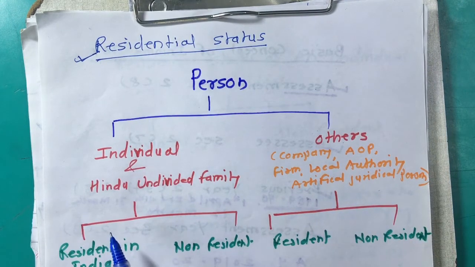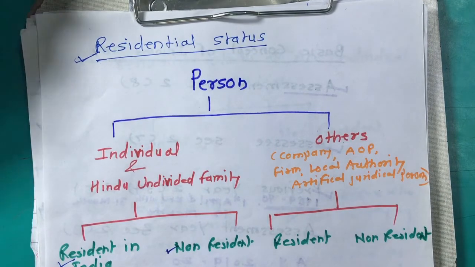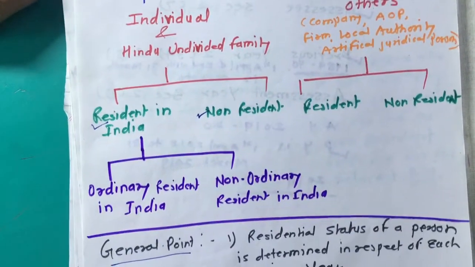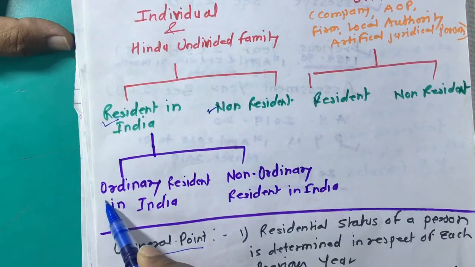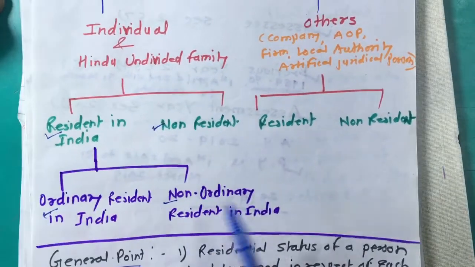For classification of residential status of an individual, it is first categorized as resident in India and non-resident in India. A resident individual may be further categorized as ordinary resident in India and non-ordinary resident in India.